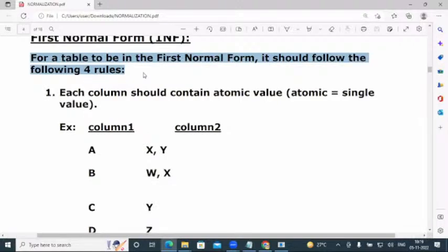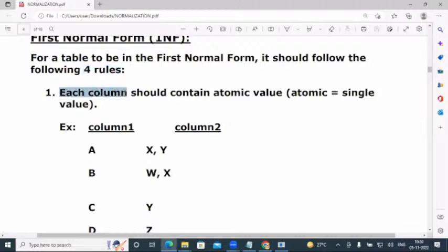Is it visible now? Four rules need to be satisfied by your table. Whenever your table satisfies these four rules, the table has reached the first normal form.